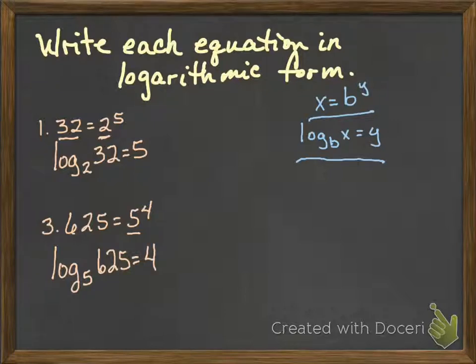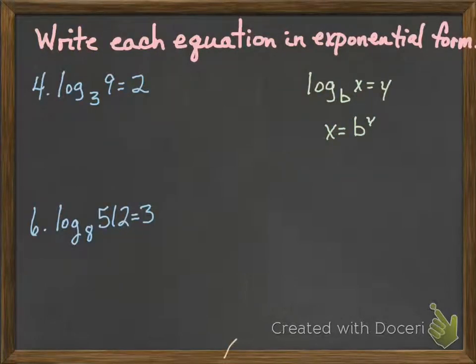Okay? Alrighty. Write each equation in exponential form. We're going to go from the log base b of x equals y to x equals b to the y, or the base to the y. So let's look. Our x is here. So 9 is in our x position.